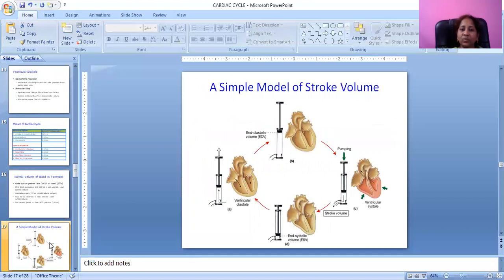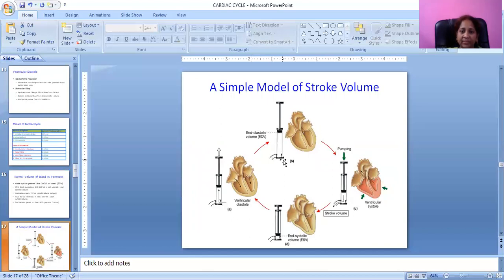Simple model of stroke volume. In this we will see what happens. First, ventricular diastole, a diagram. In ventricular diastole, what happens? Blood will be flowing from atria to ventricles. Then the end of diastolic volume, what happens?